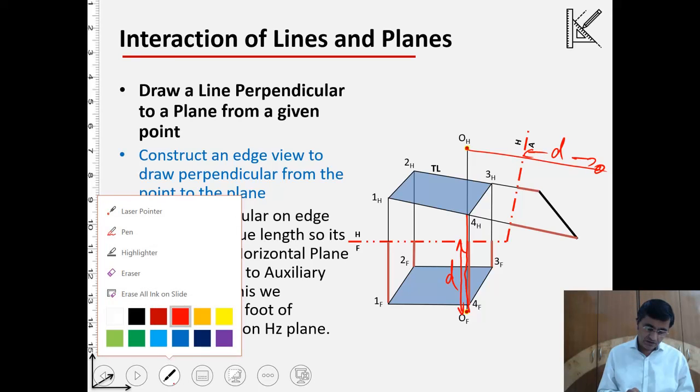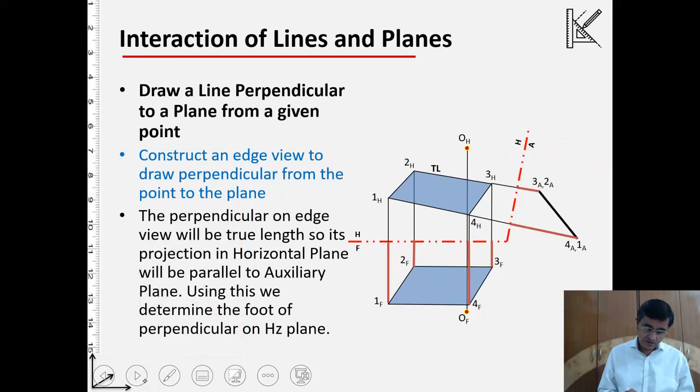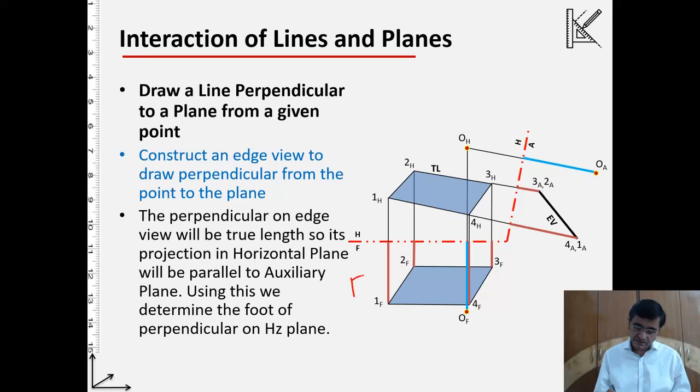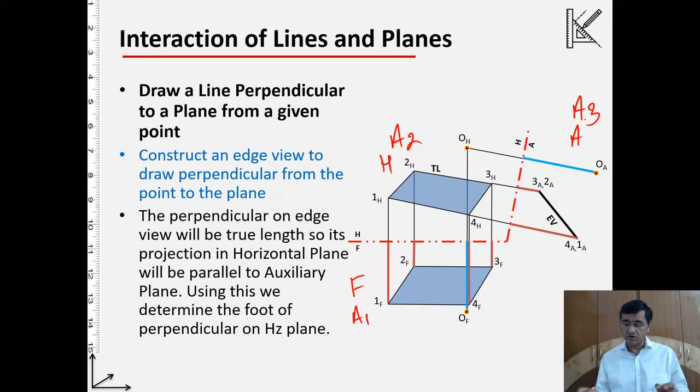So let us complete this. For point O, its projection on the auxiliary plane is now OA. Right now one way of naming the planes is F, H and A, and as per our definition we take them as A1, A2 and A3, in order to help us construct the auxiliary view.